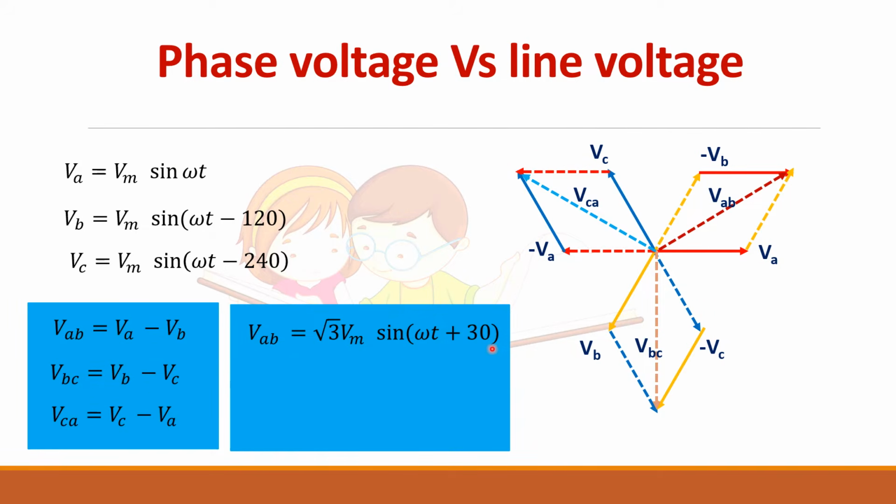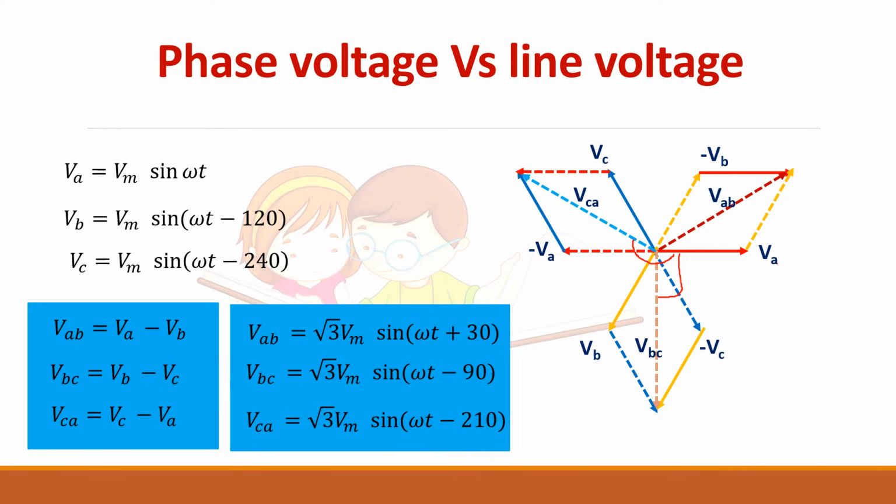So VAB is leading VA by 30 degrees. And if you take VBC, what is this angle? It is actually 90 degrees. So VBC is sin(omega t minus 90 degrees), because relative to VA it is lagging by 90 degrees. And VCA is here, so you have to find this angle.